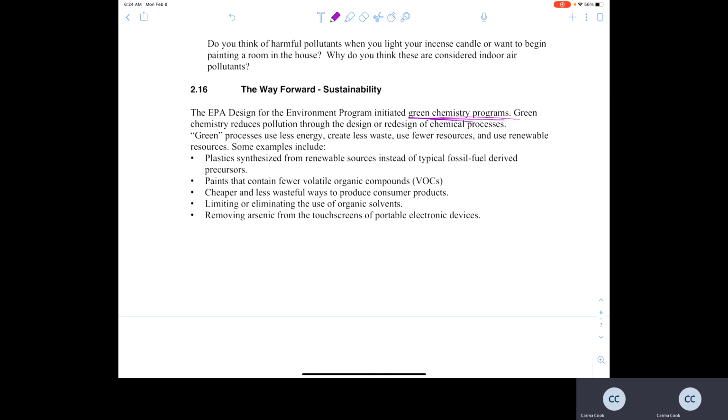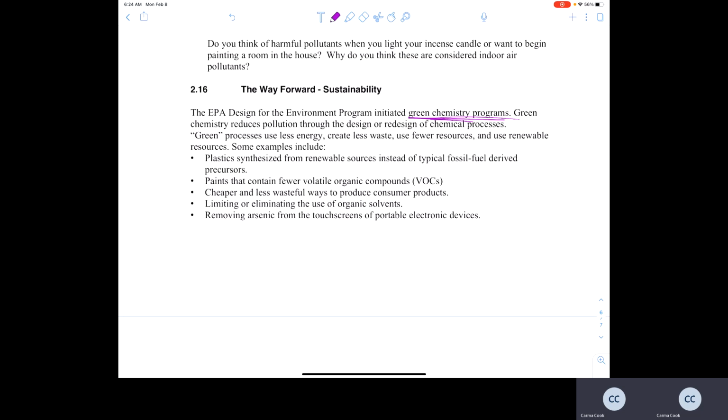How can you change a chemical process, a chemical mechanism of reactions, so that you produce less harmful air pollutants? So green processes have the goal to reduce air pollution, use less energy, create less waste, use fewer natural resources, and where possible, use renewable resources.